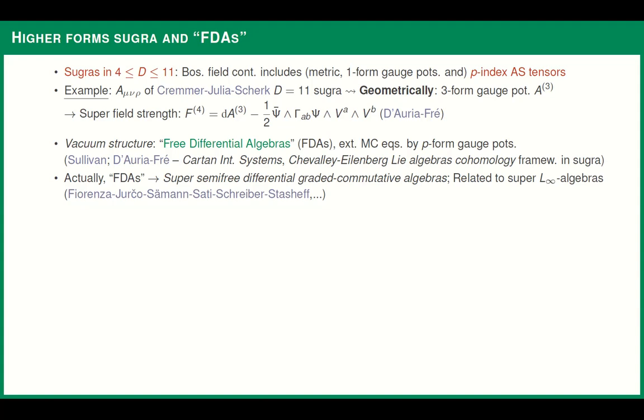Whenever the geometry is explicit, you have better control of the geometric features of your theory and of supersymmetry transformations, because you see them as diffeomorphisms in superspace. It's just the geometric perspective, essentially.